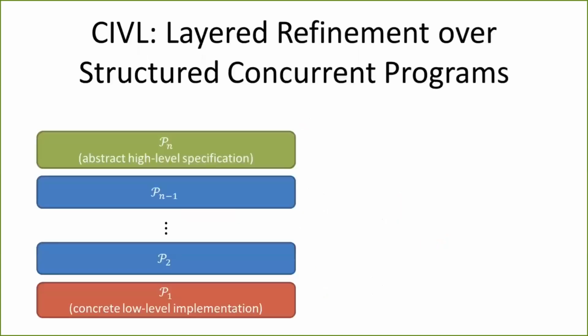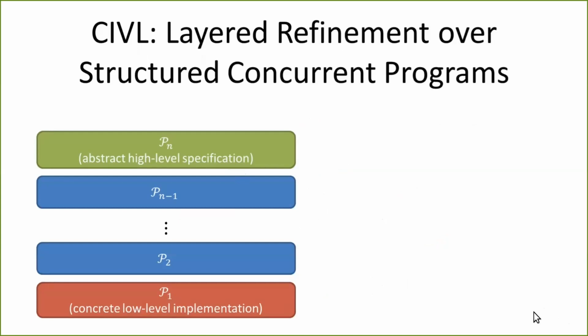To address the aforementioned challenges, our CIVL verifier advocates layered refinement over structured concurrent programs. Instead of proving a low-level implementation directly, the programmer specifies a sequence of increasingly simpler programs, such that the safety of program P_i implies the safety of program P_{i-1}.